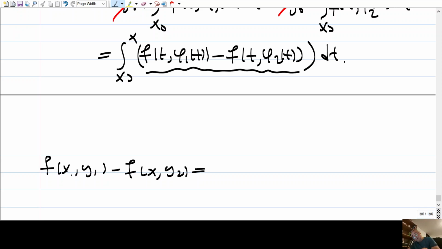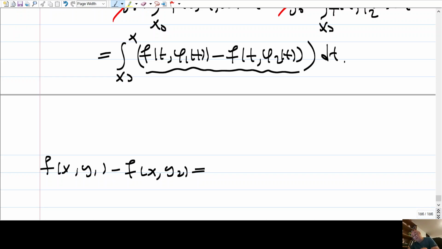Here x is fixed, y is the variable, so I may think of this as a function of a single variable, the y coordinate, and I can use the mean value theorem.